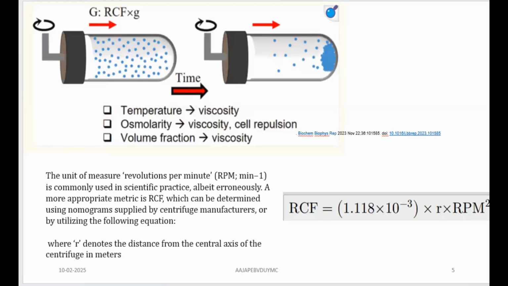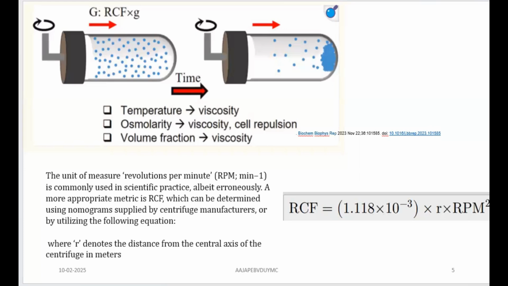Now, what is that small g? Small g is a relation to the Earth's gravitational force, which is represented by the number 980, right?